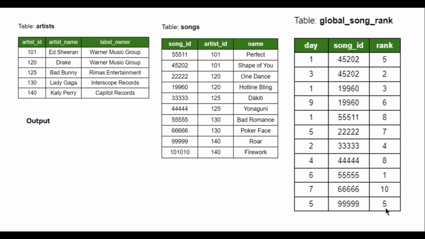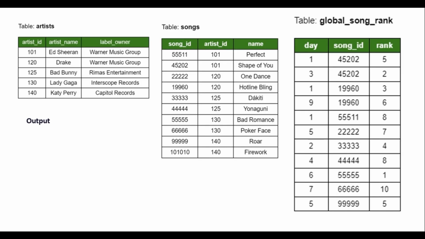So there is only one appearance. In total, there are three appearances for artist IDs 101 and 120, two appearances for artist IDs 125 and 130, and one appearance for artist ID 140.